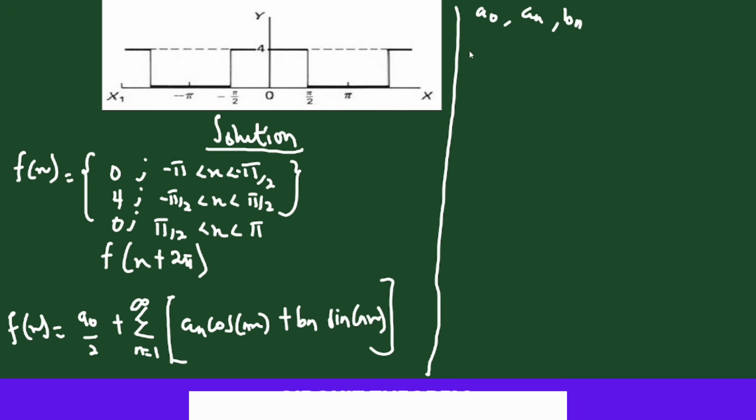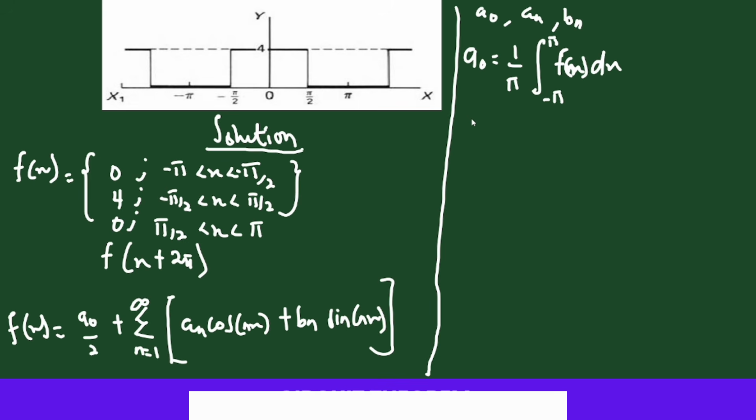Also to recall, a naught is equal to 1 over pi times the integral from negative pi to pi of f of x dx. But mind you, you can see that f of x is 0 throughout, except for negative pi on 2 less than x less than pi on 2.